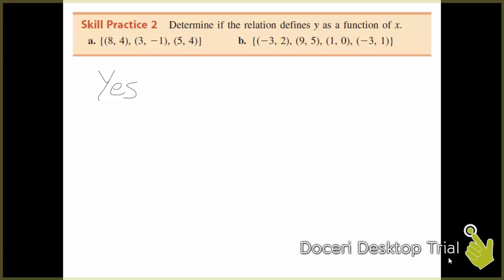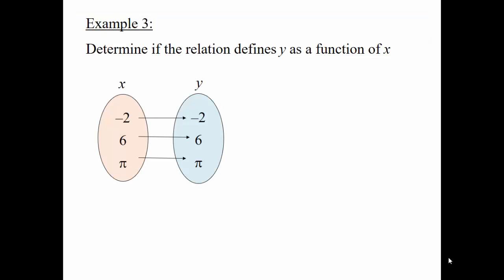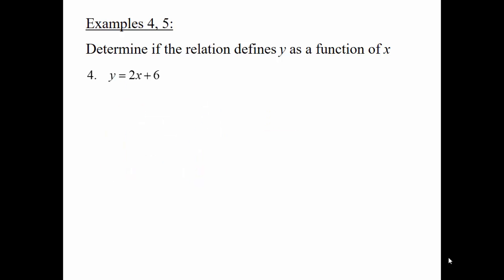In B, we've got 2 -3's. We've got a -3 there and a -3 there. So no, that is not a function. Determine if the relation defines y as a function of x. You notice every x goes over to one y, and there's no x's that are the same. So that is a function.